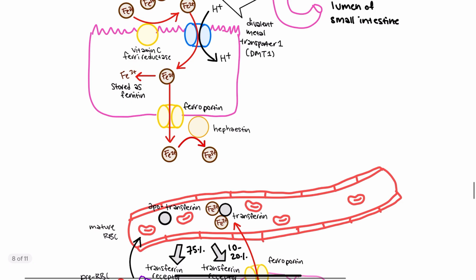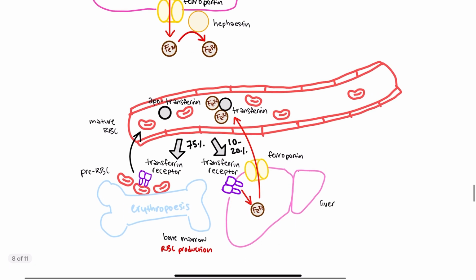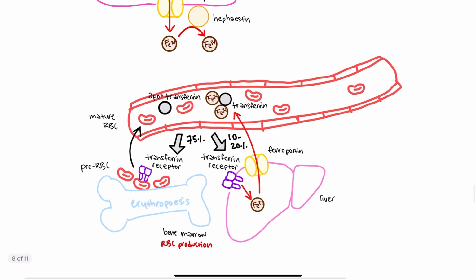And here we are going to talk about its use. It has two different usages. We have erythropoiesis, which is RBC production, and the liver storage.